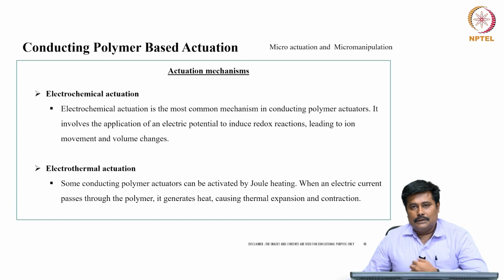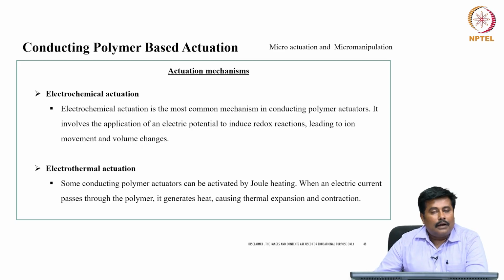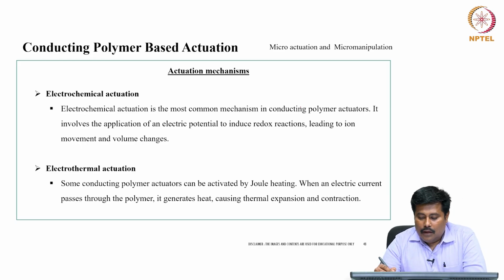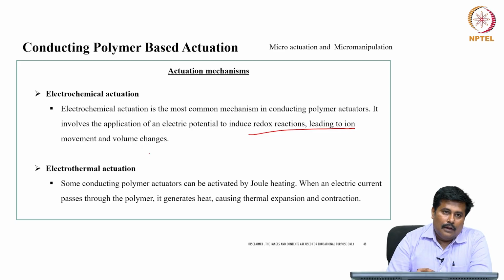Now, let us discuss the various mechanisms for actuating these conducting polymers. One is electrochemical actuation. Electrochemical actuation is the most common mechanism in conducting polymer actuators. It involves the application of an electrical potential to induce a redox reaction, leading to ion movement and volume change.